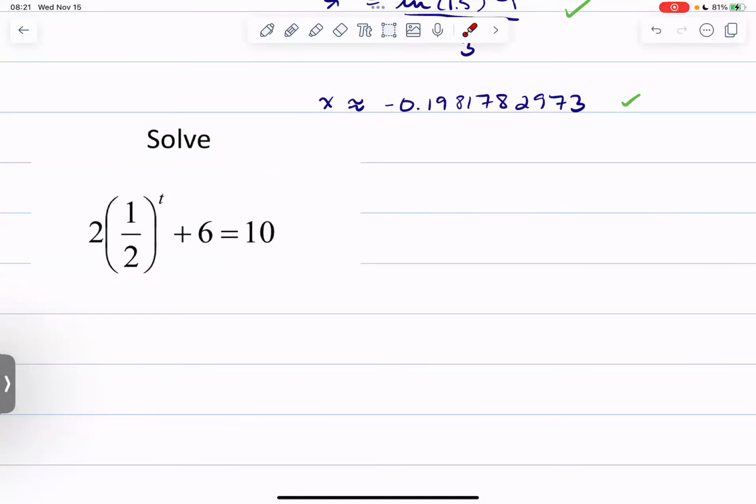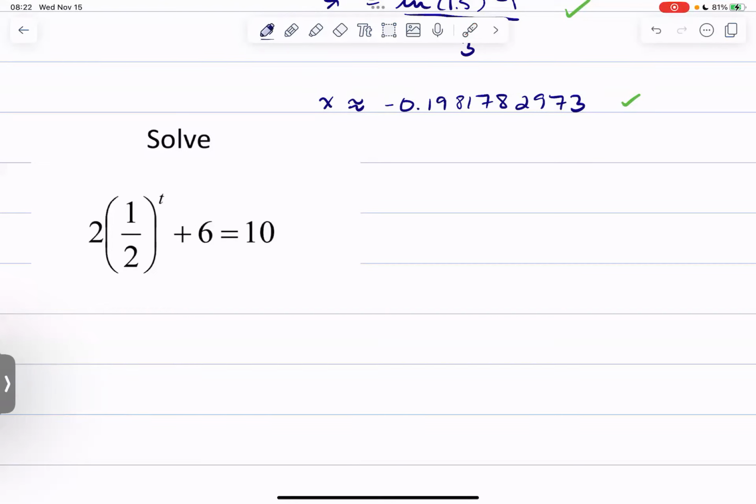If we're trying to solve for this thing, we're trying to solve for t. Now, first thing I'm going to have to do is isolate the exponent, right? Which is going to require a little bit more work this time. First, I need to subtract 6 from both sides, and then I need to divide both sides by 2, and then I can take the log, right?